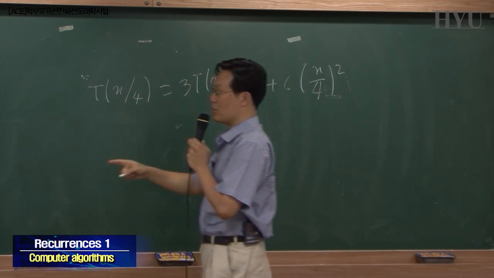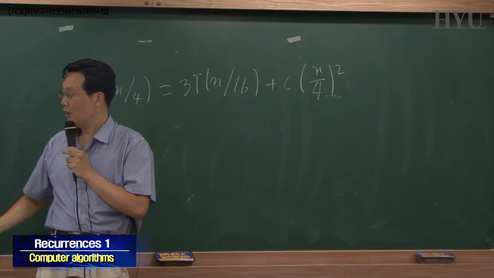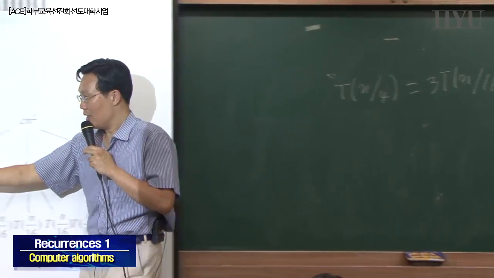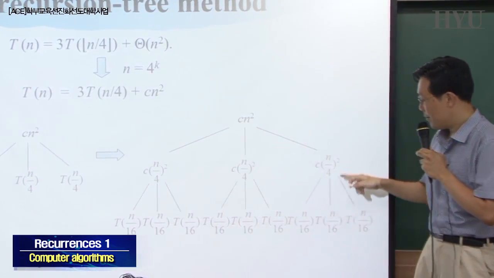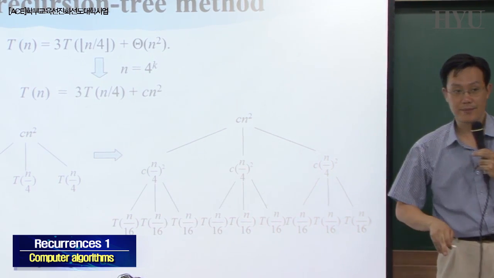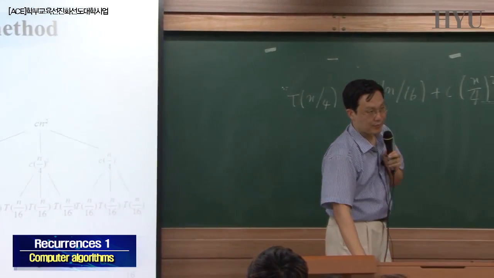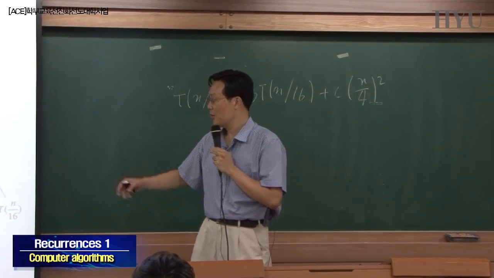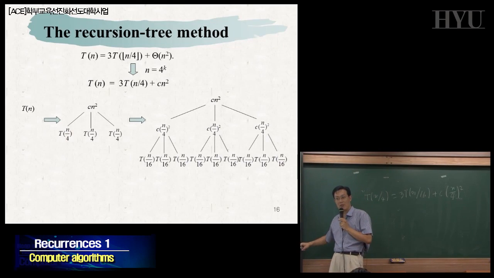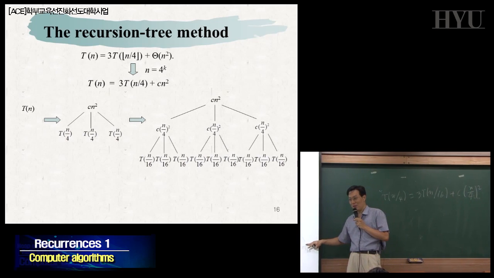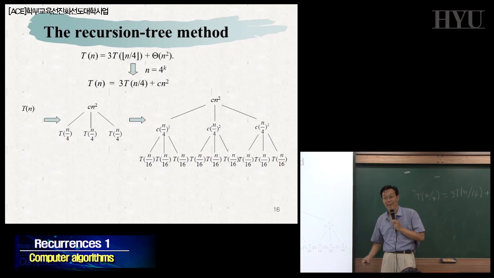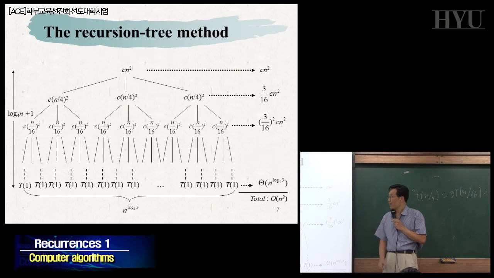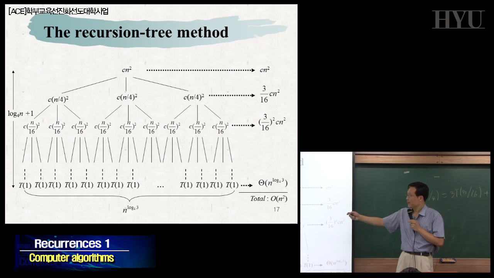Using this recurrence, we can further replace each terminal by a subtree like this. And then we do the same thing repeatedly until the terminal term becomes T of 1. So we get this.